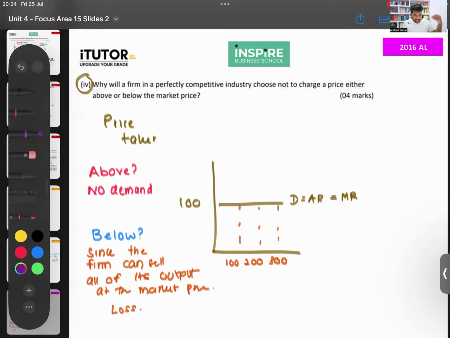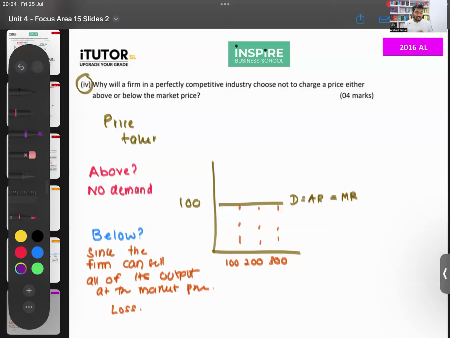So if there are enough and more people to come to my fast track class, and I'm charging 5,000 a month, and there are enough and more people who are willing to come and pay, I don't have a need to reduce my price. If there are 300 people who are willing to come to my fast track class, I don't have to reduce the price to get more people.